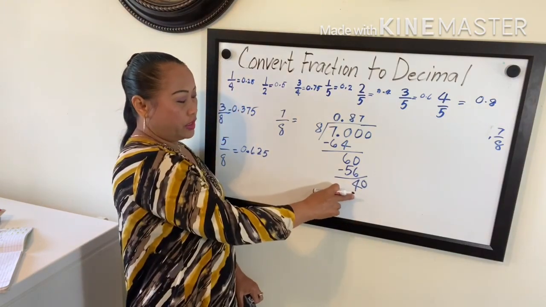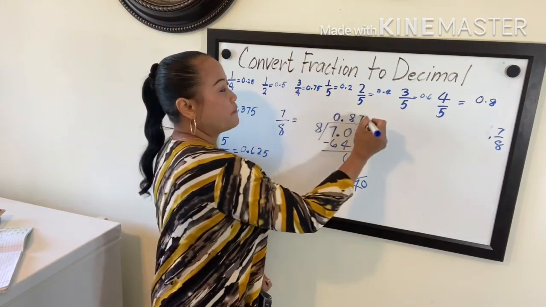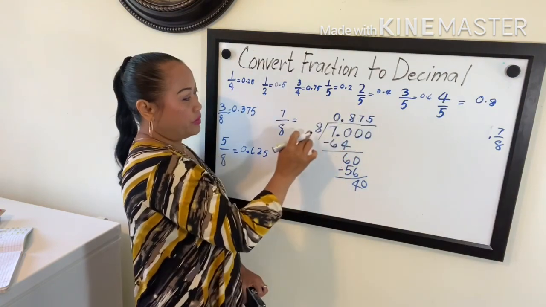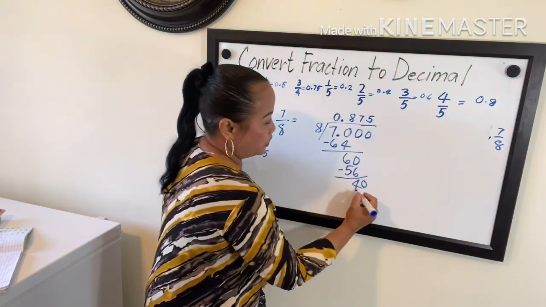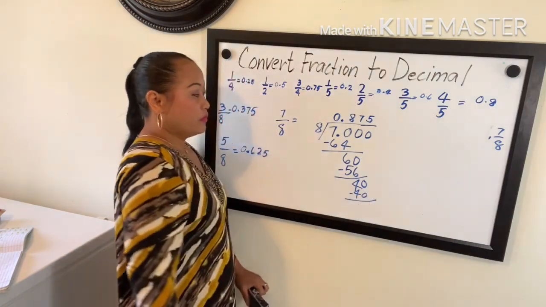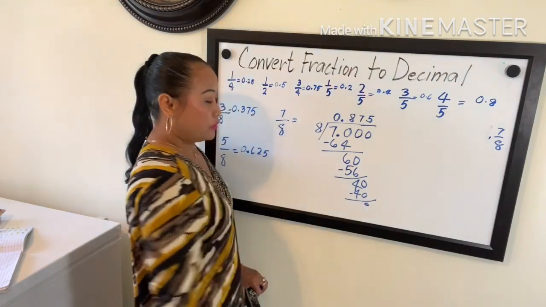Now 40 divided by 8 is 5. And then 5 times 8 is 40. We'll subtract. 40 minus 40 is 0.